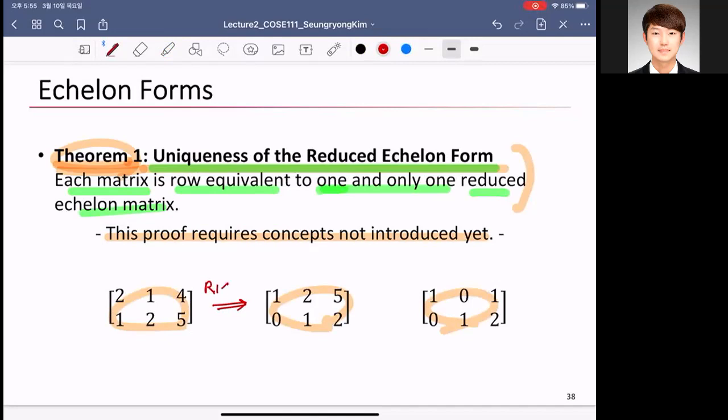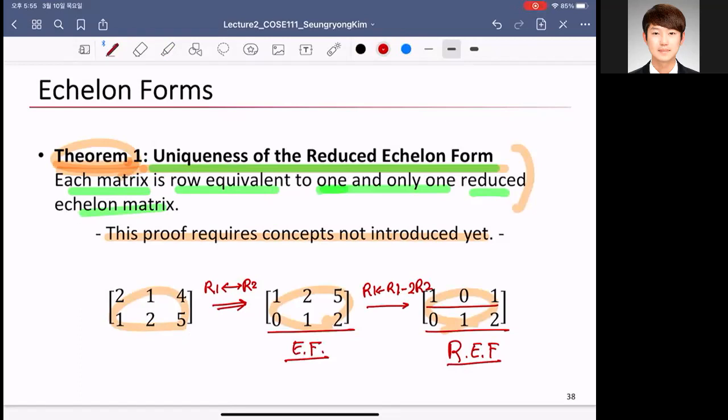Interchange operation R1 and R2. Then we achieve this one, right? And if we apply R1 is equal to R1 minus 2R2, then we're gonna achieve 0, 1, 0, 1, 0, 1, 0, right? So it is called REF form, and this is called EF form, right?